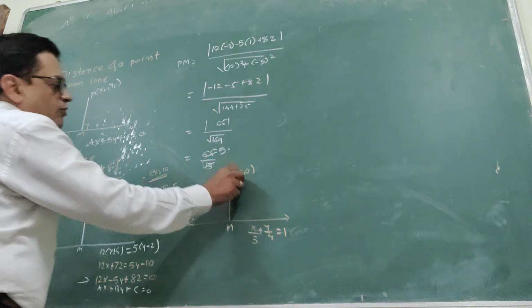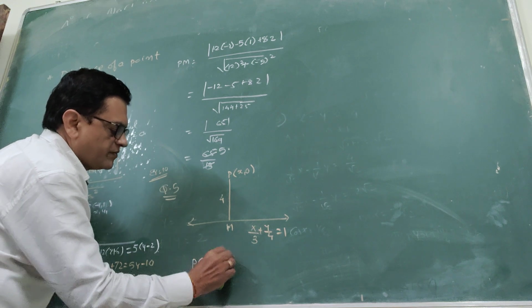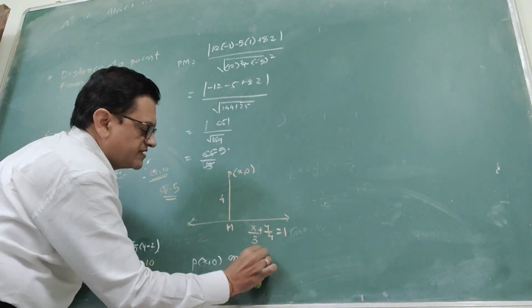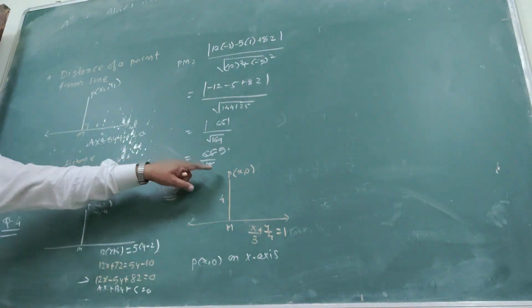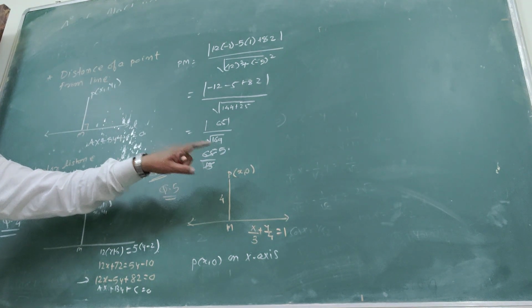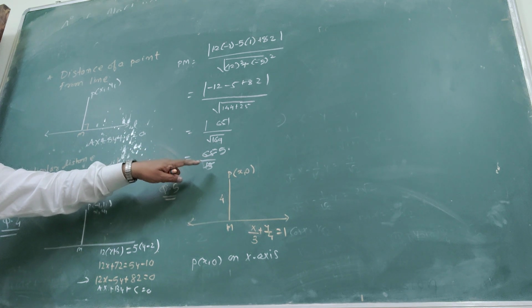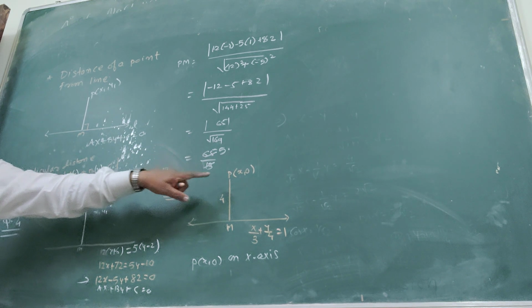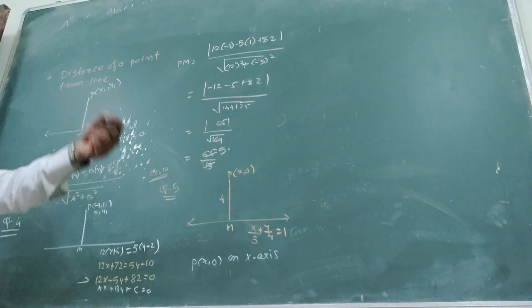Suppose the point P is (x, 0) on the x-axis. What I have told: if the point is on the x-axis, you have to take (x, 0). If the point is on the y-axis, you have to suppose the point is (0, y).